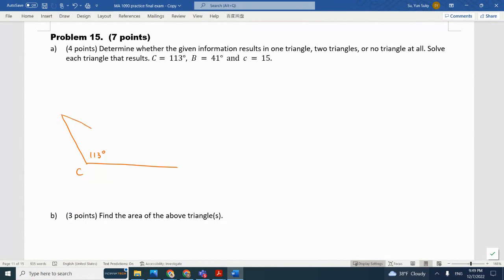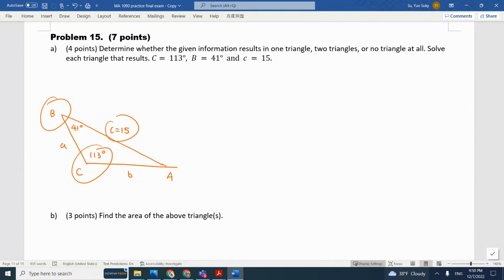B is 41 degrees. And let's call this A. Side c is 15. We know angle C and side c, and we know angle B. Then use law of sine.